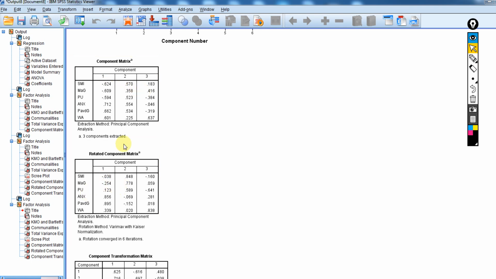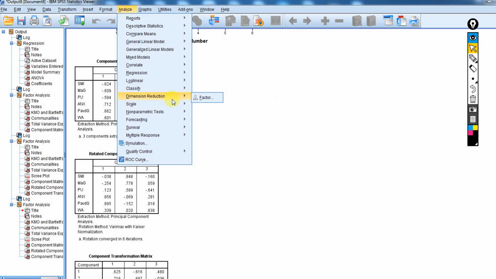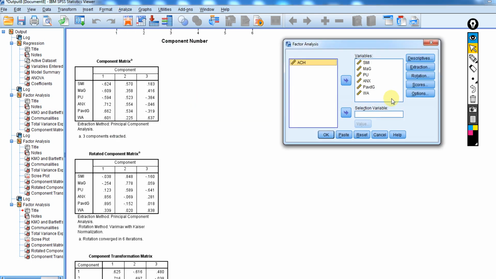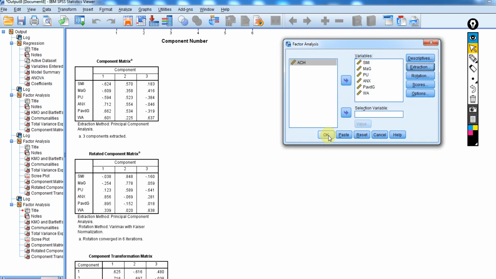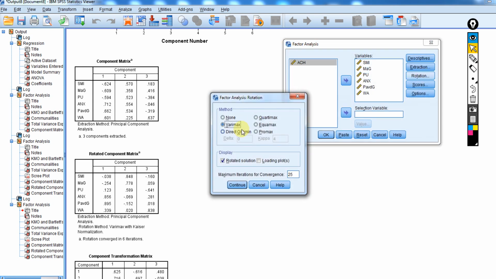But remember that we're going to stick with the 2-component solution, given that our decision criteria led us to that decision. So I'm just going to go back and force the 2-component solution, and keep the rotation on Varimax. I'm also going to click on loading plot to give you a visual of the component loadings.